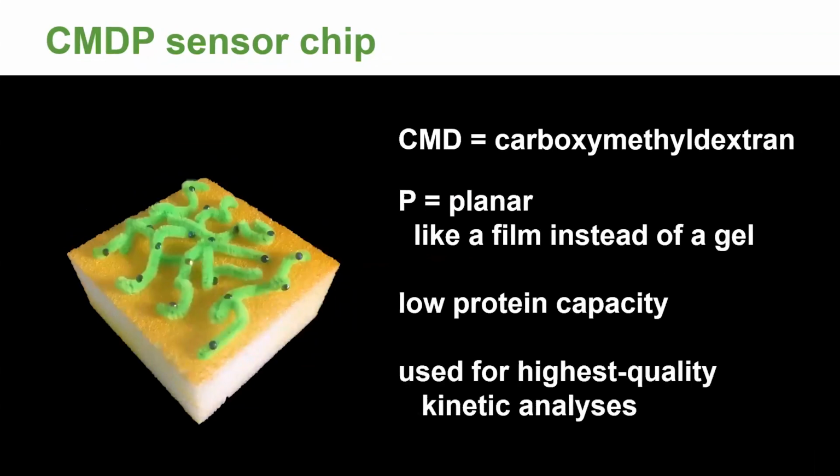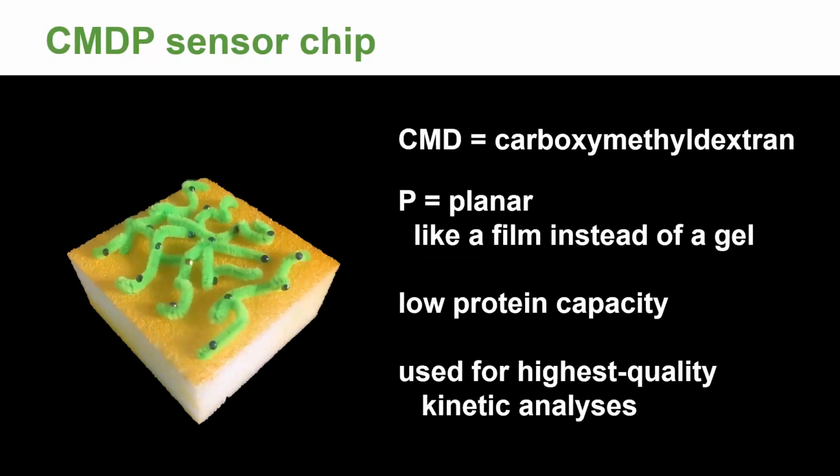The last chip type we're going to cover is the planar dextran. So this is the same chemistry as the CMD200M shown earlier, but instead of being a 3D hydrogel, it's essentially a film on the surface. So this actually has probably the best transport dynamics of any surface we have, although it's hard to measure a difference between it and the HT-30M, which I actually have a slide on later.